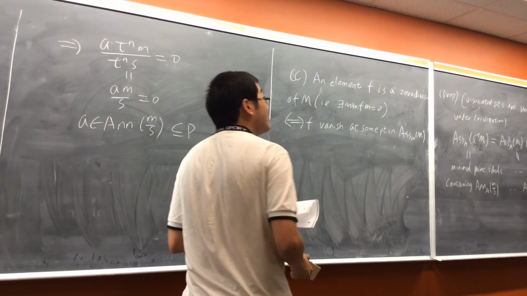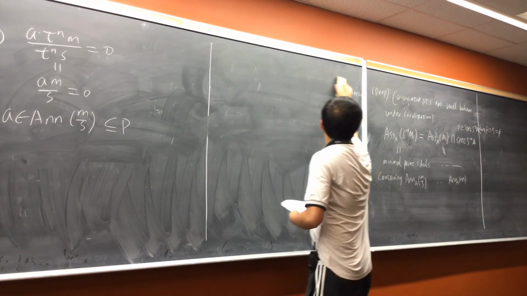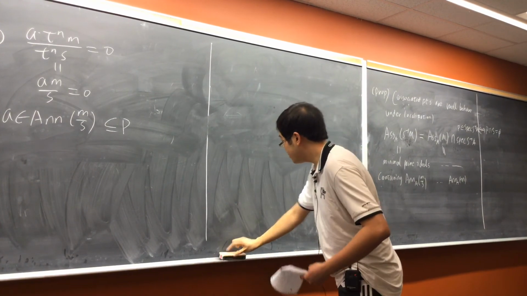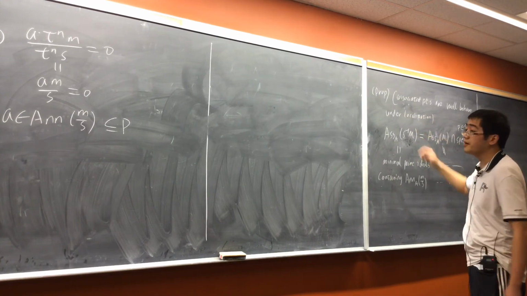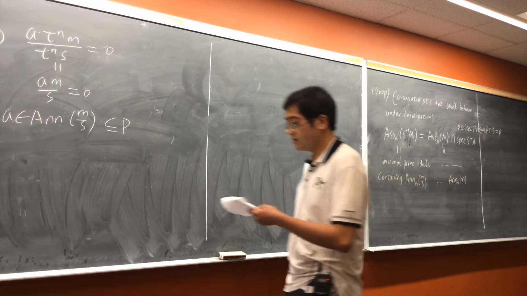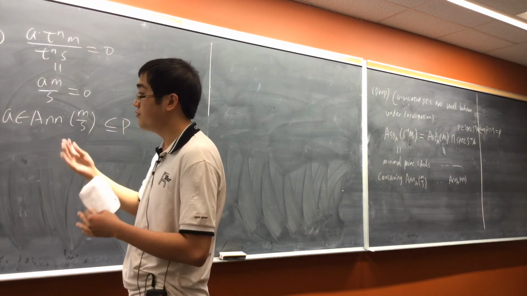I still have time to talk about the generalization to the non-reduced, to the non-affine. So now with this property that the associated points are well behaved under localization, we can try to generalize the associated points to non-affine schemes.